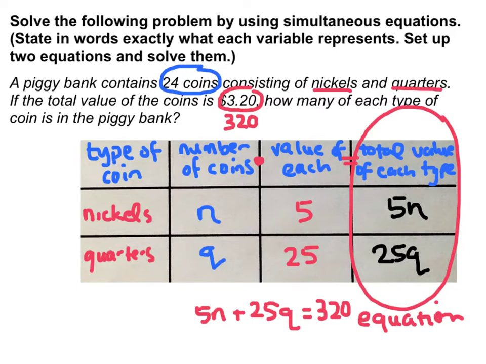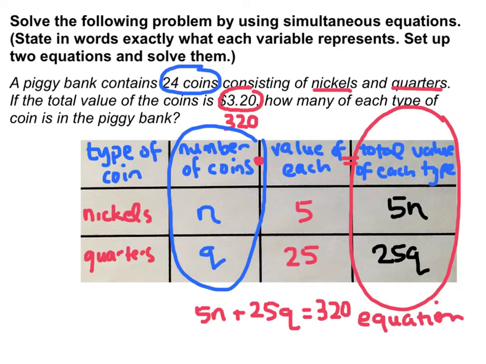So whenever you are given a total amount of coins in the problem, you could actually get the second equation from the number of coins column. And if you look at it more carefully, the number of nickels plus the number of quarters should give us 24 in all.